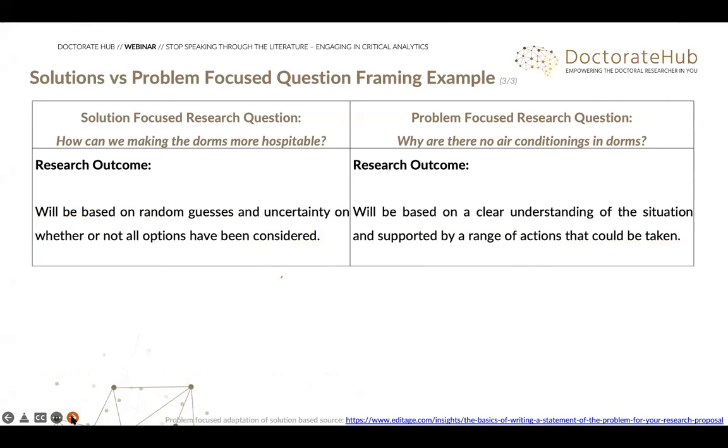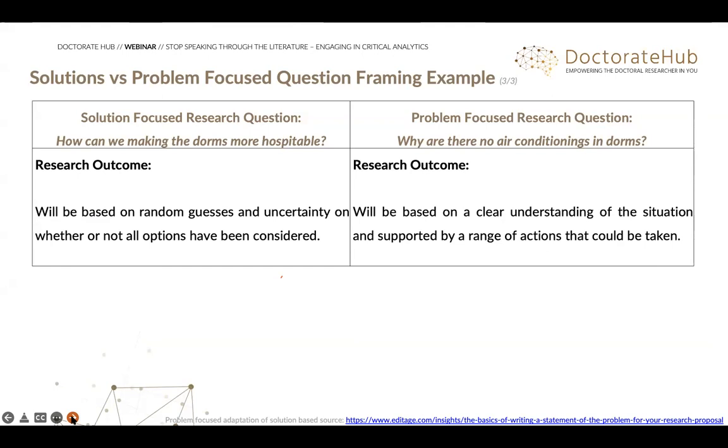If we just speculate for reasons on how we could get something, then the outcome will be based on random guesses and uncertainty on whether or not all options have been considered. While if we have a problem-focused work, we will have a clear understanding of the situation and why no air conditionings have been put in place. And this will provide us with the knowledge required to understand whether or not a solution can be found. Are there ways to mitigate the issues, right?